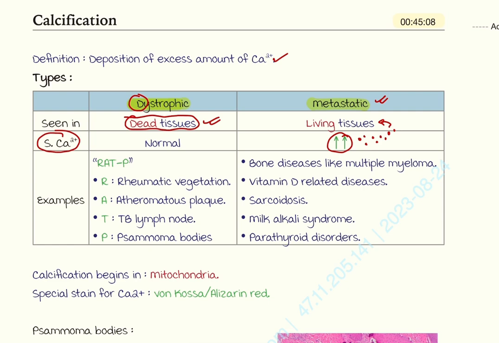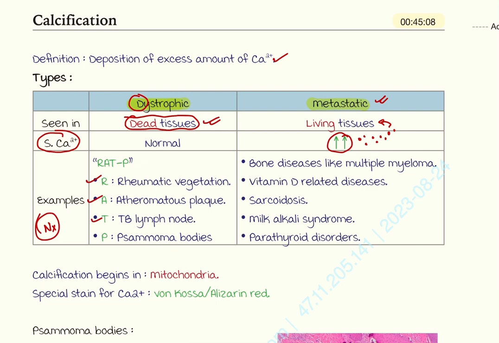So dystrophic calcification, you can remember with this mnemonic: rheumatic vegetations, it is seen in rheumatic vegetations, it is seen in atheromatous plaque, it is seen in TB lymph node. Okay, and this dystrophic calcification is also seen in necrosis, because in necrosis cell death is happening, and it is followed by, remember, amorphous deposits.